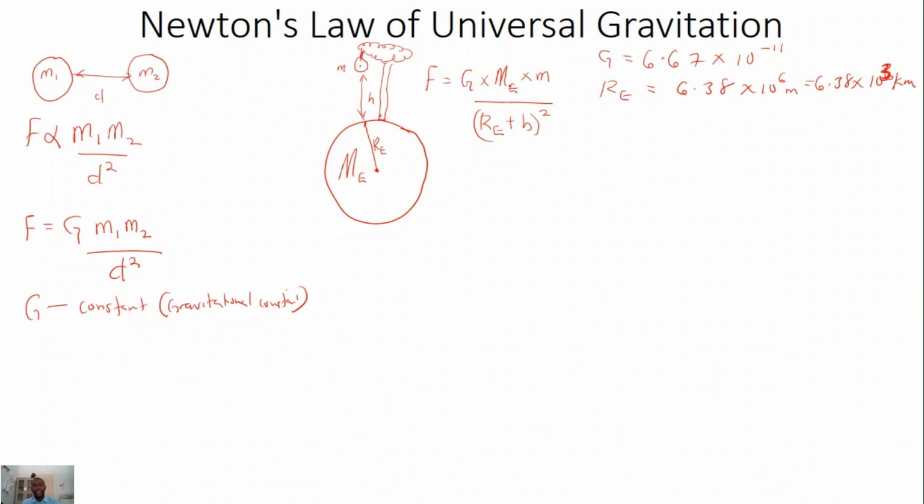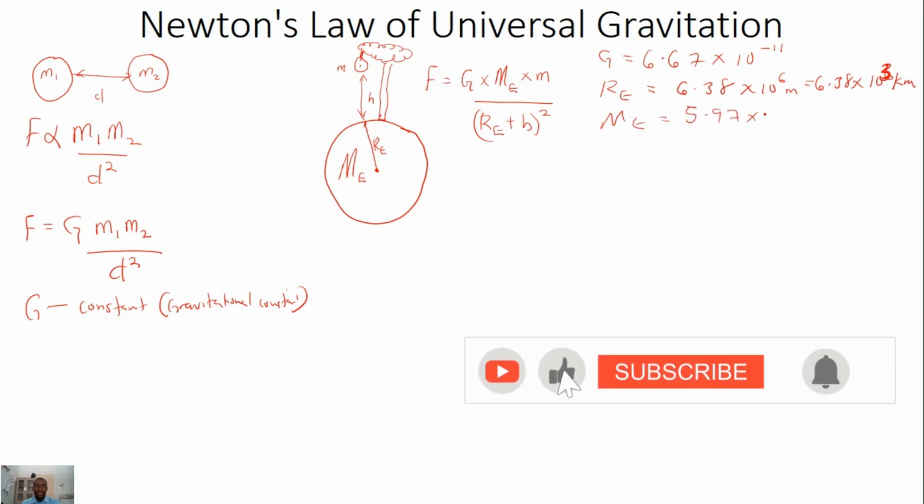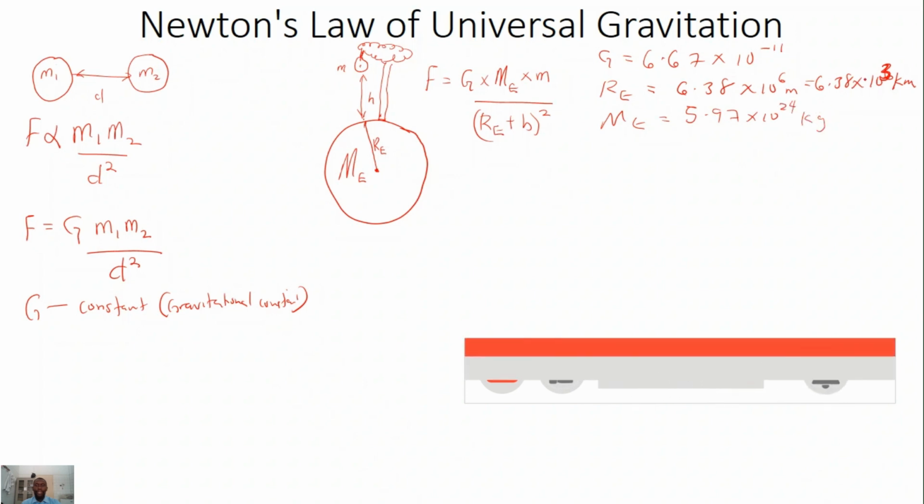Okay, and the mass of the earth is equal to 5.97 times 10 raised to power 24 kilogram.